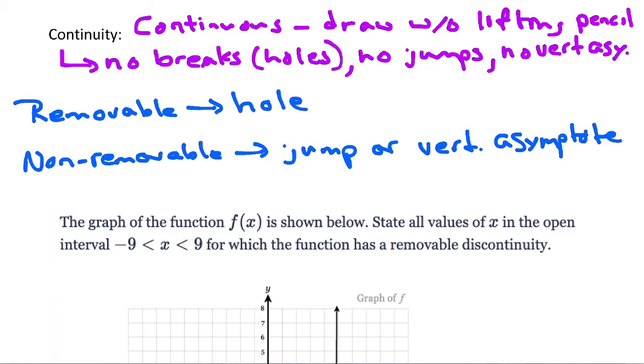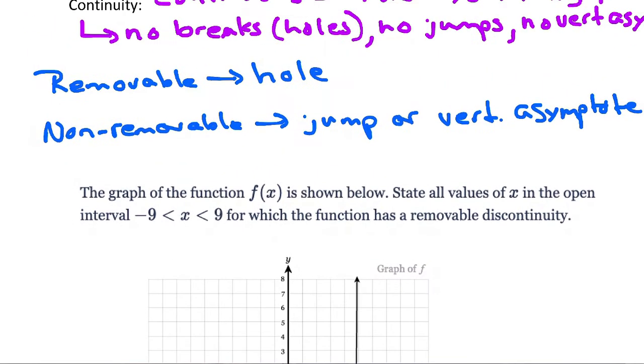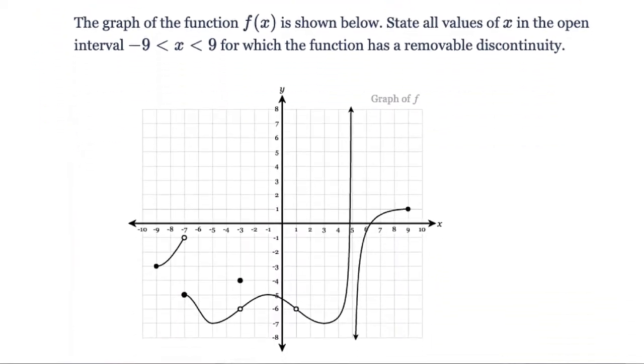So you're going to be asked to do a couple things on Delta Math, and it'd be a problem similar to this. It says, the graph of the function is defined below. State all the values of x in the open interval for which the function has removable discontinuity. Removable discontinuity is a hole, and that's what we're looking for.